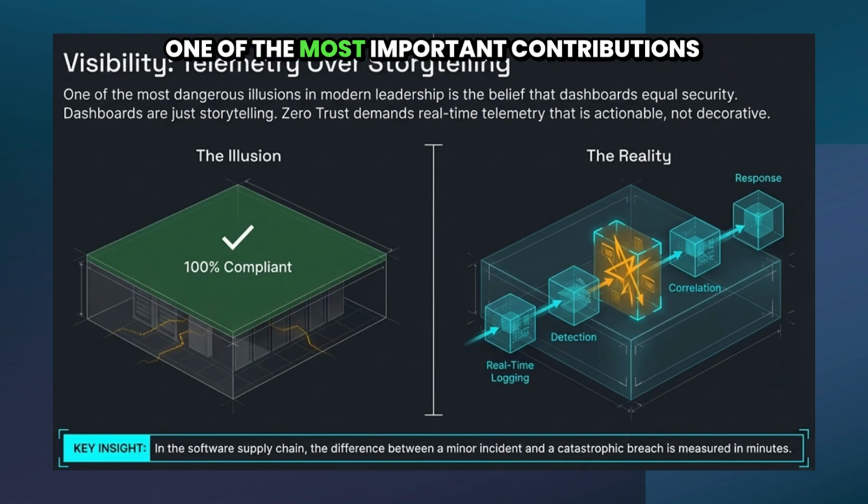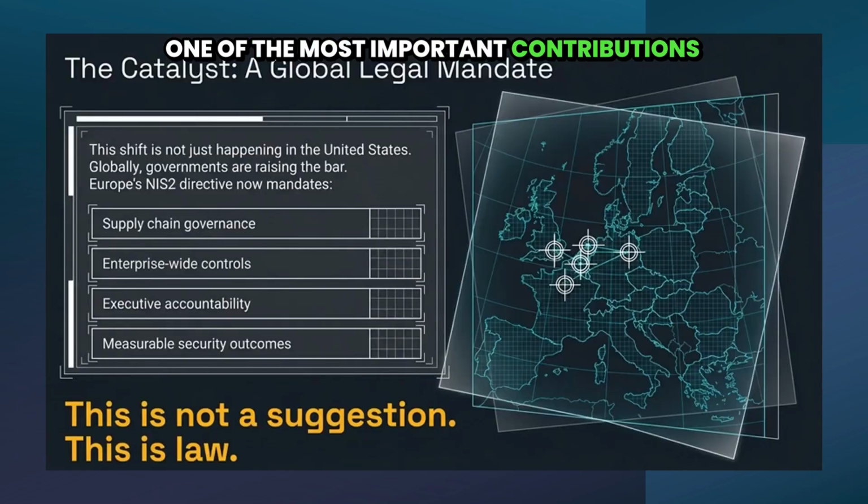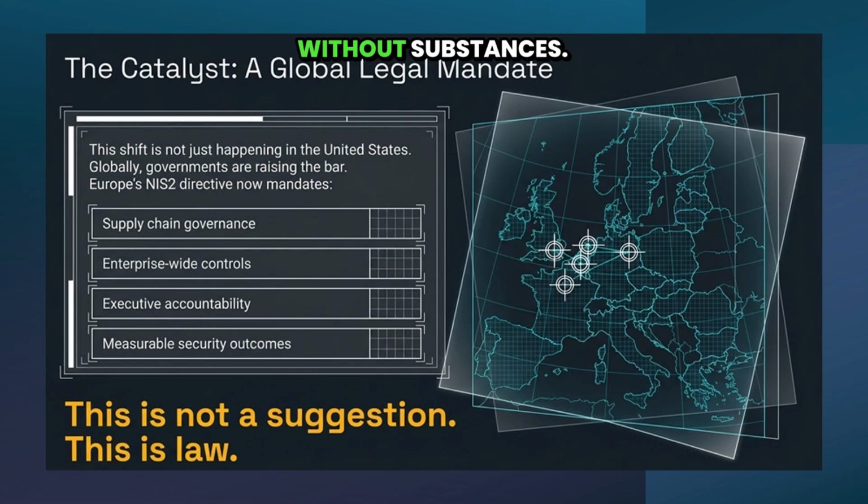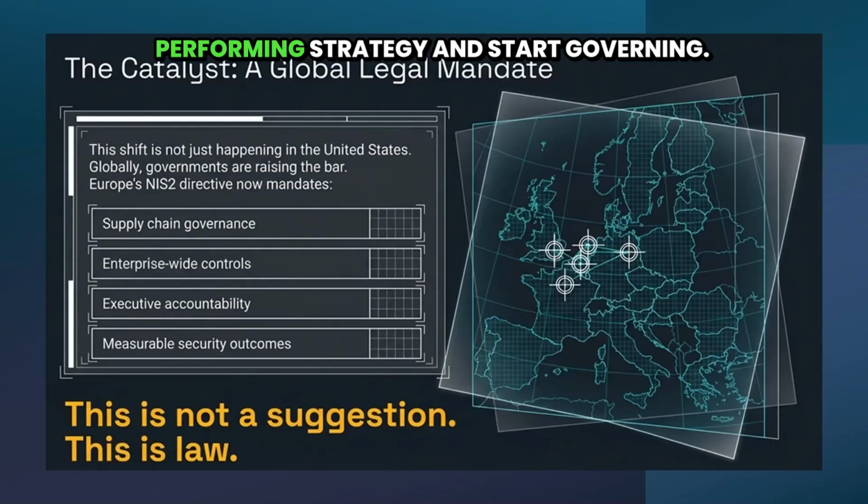One of the most important contributions zero trust makes is that it exposes strategy theater, the illusion of maturity without substance. Zero trust forces leaders to stop performing strategy and start governing, because the supply chain is not impressed by your PowerPoint slides or dashboards, but it responds only to your systems.